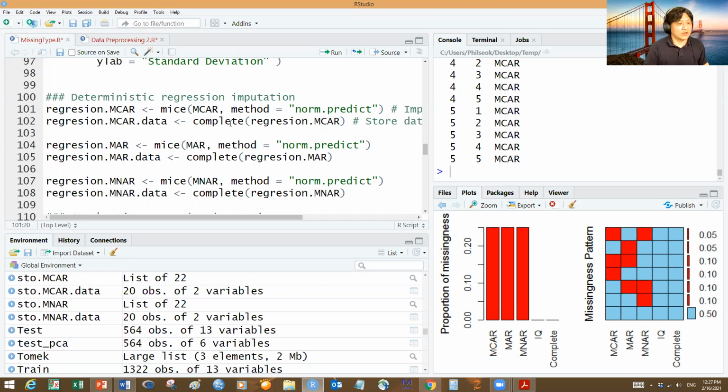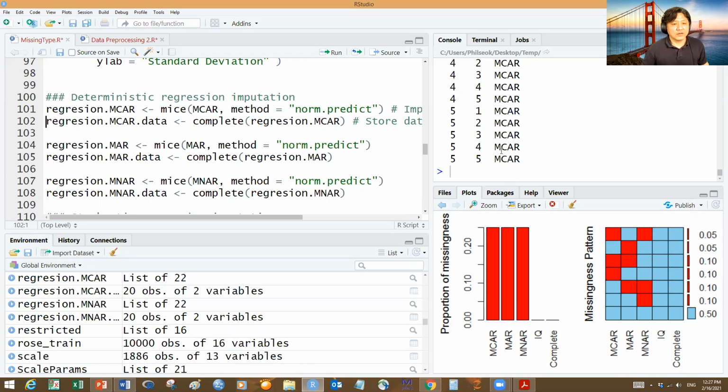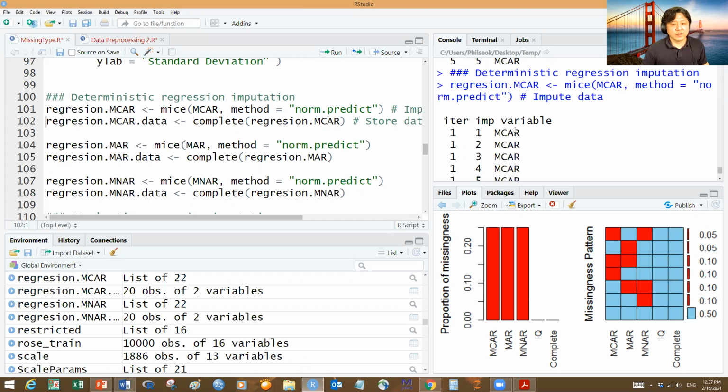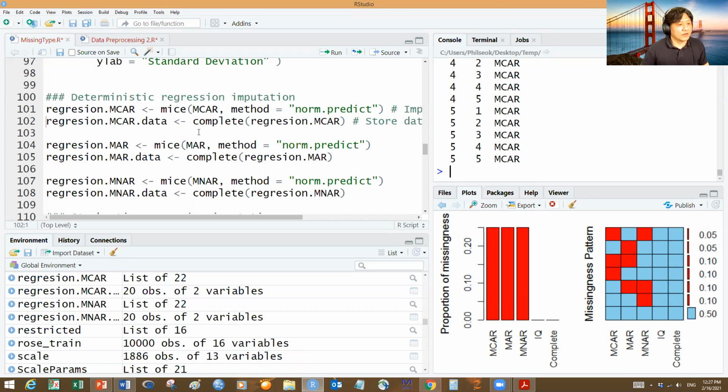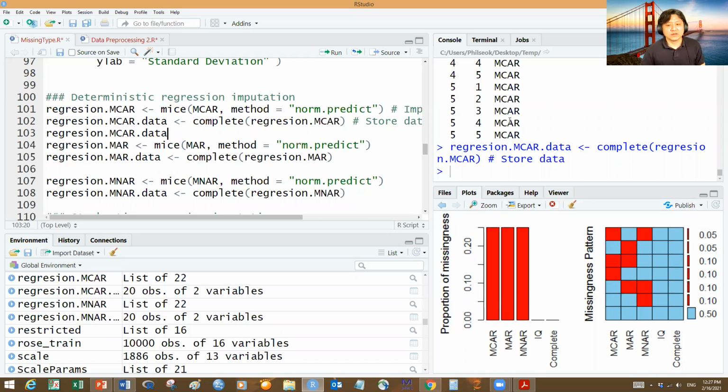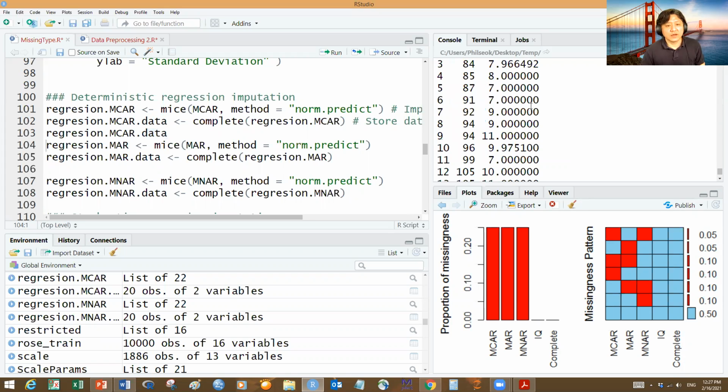And then if you run it, you can see it runs iteration, imputation, variable, and then you can get a complete data set using the complete function. If you run this one and print it out, now we have a complete data set.